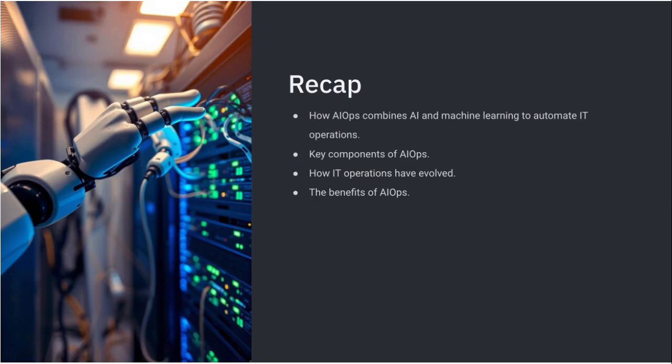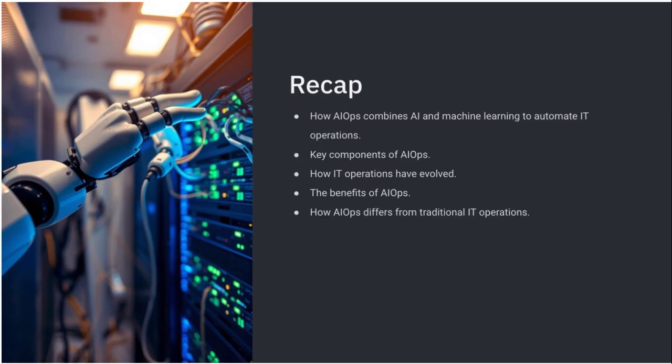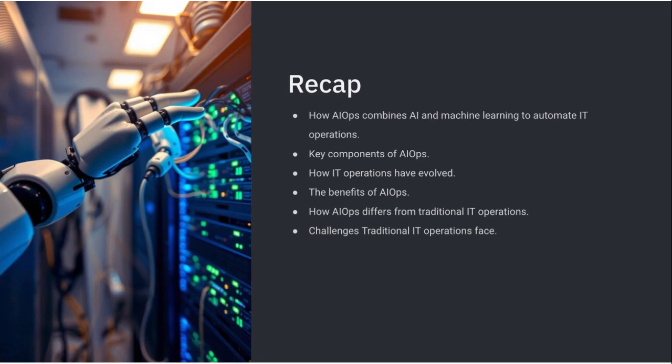Then we looked at some of the benefits of AIOps, which include faster issue resolution, cost savings, enhanced security, and smarter decision-making. Next, we revealed how AIOps differs from traditional IT operations by proactively preventing failures rather than just monitoring and reacting. We also discussed some of the challenges traditional IT operations face, like data overload, slow problem detection, and high operational costs.